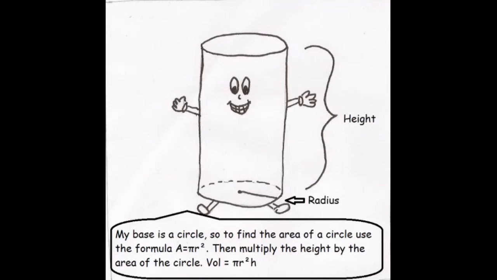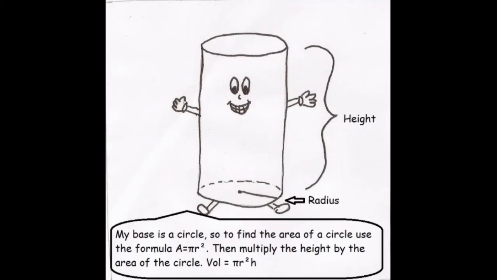And to find Silly's volume, we need to first take a second to add this to your notes, guys. Would you please draw the cylinder and label it height and radius. Again, radius starts in the center of the circle and connects to an endpoint.